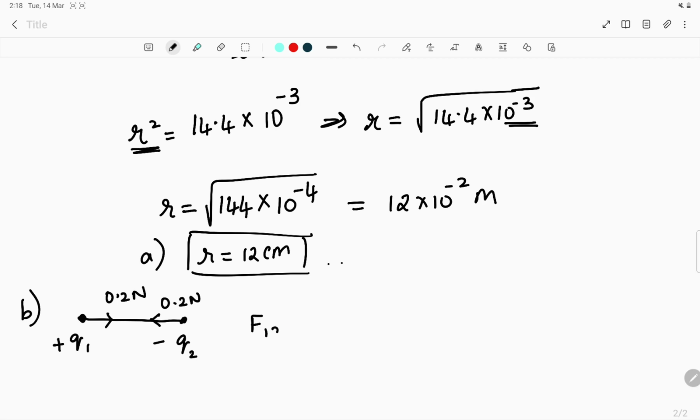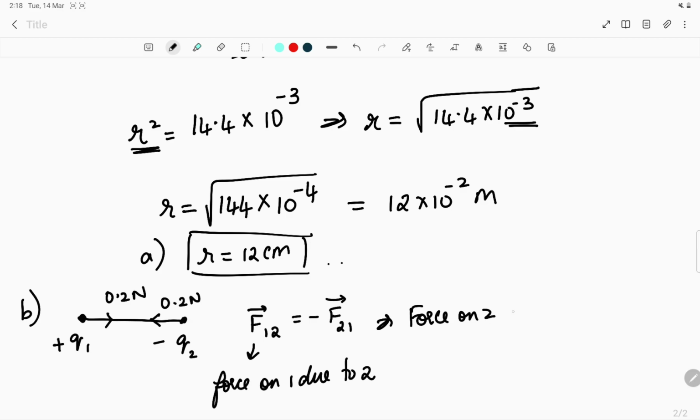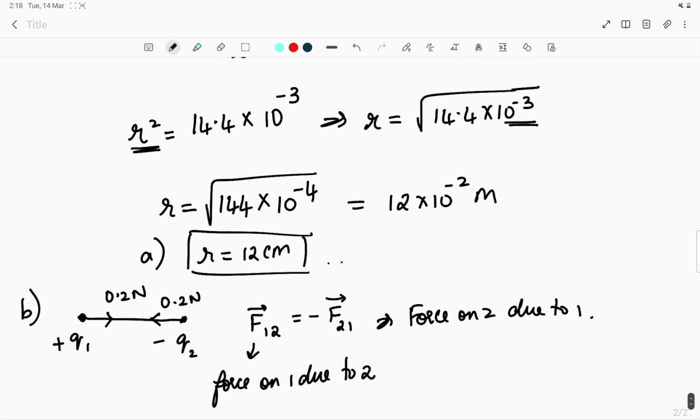I can simply write F12 vector is equal to minus F21 vector. What is F12 here? Force on 1 due to 2, and F21 will be force on 2 due to 1. Basically the forces will be equal in magnitude but opposite in direction. If I consider that F12 is acting along the x-axis, then F21 is acting along the negative x-axis.